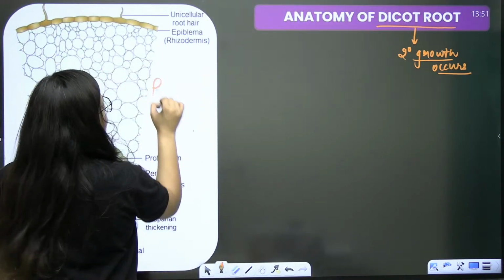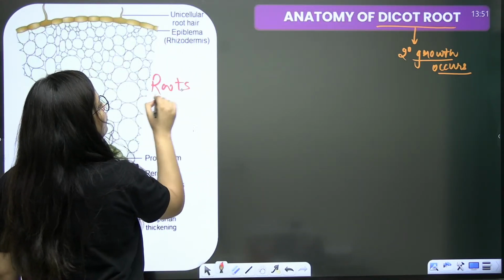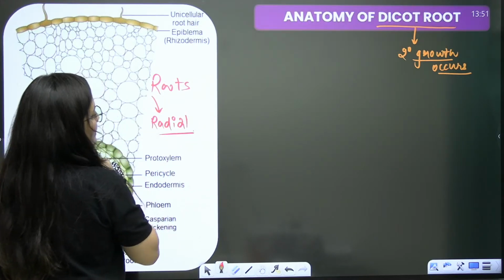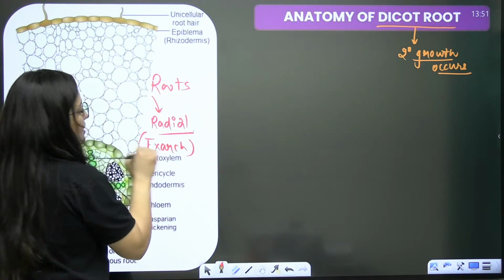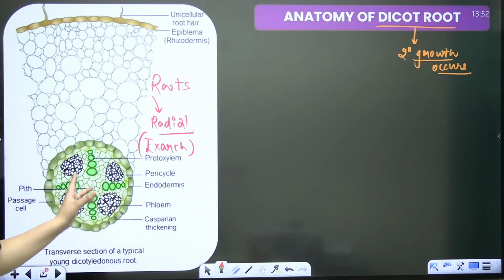So when you talk about roots, what type of vascular bundle is there? R for root, R for radial. And what type of xylem arrangement will be there? That is exarch.